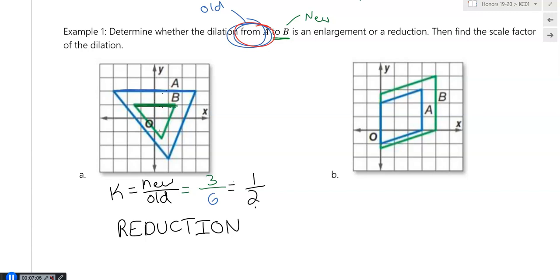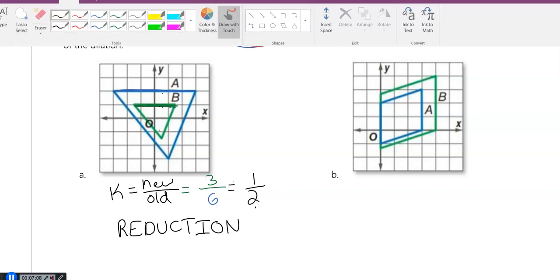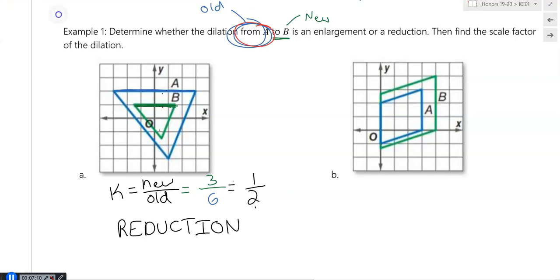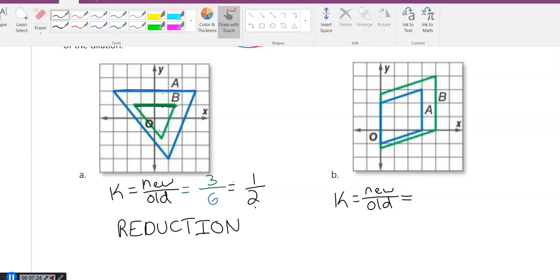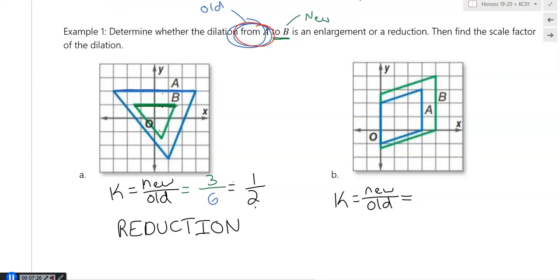Looking at our next one, again, K equals new over old. I'm going to choose a side on my new first, and new is that B figure.